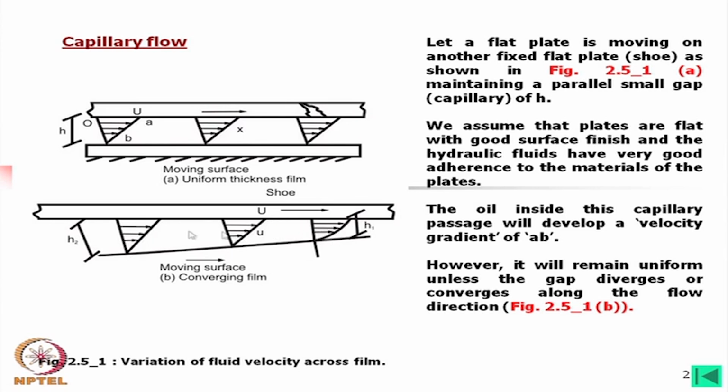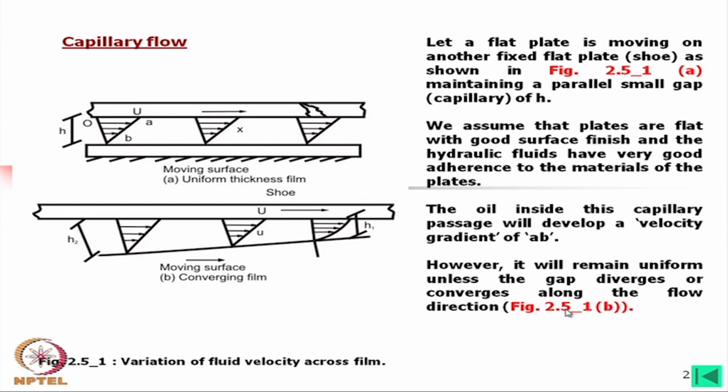So, the area of these three is the same, that only on a unit length along the transverse direction will give the same volume. Now, if I consider this is H2, this is H1, and if this velocity is u in both the cases, and H2 plus H1 divided by 2 is equal to H, here you will find this triangle and this triangle will be the same.